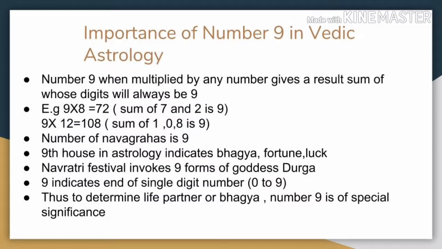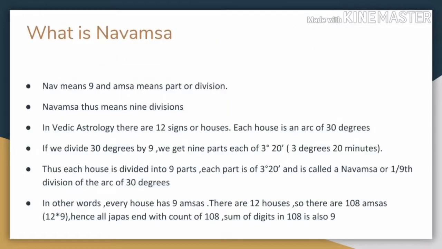Now, Goddess Durga is worshipped during Navratri. What is Navratri? It is 9 nights dedicated to Goddess Durga. So, 9 is a very special number. 9 indicates the end of single digit numbers, from 0 to 9. So 9 is used to determine the life partner or the bhagya.